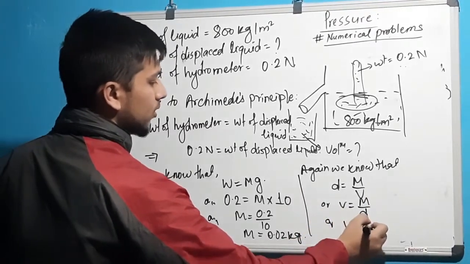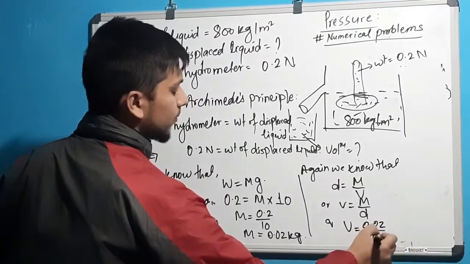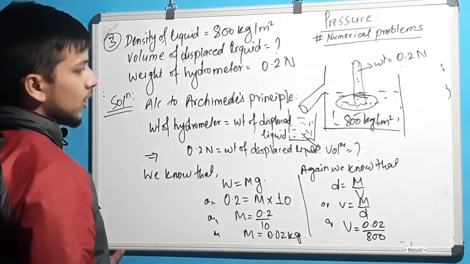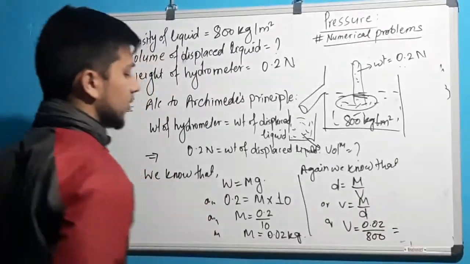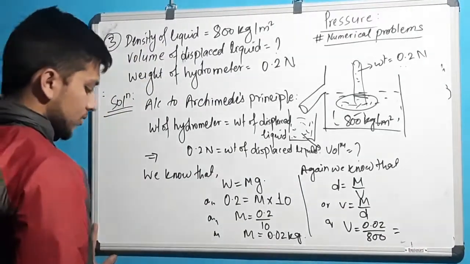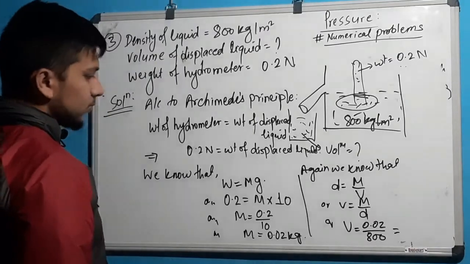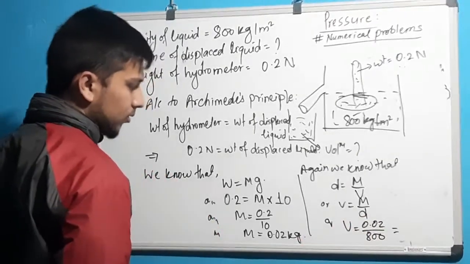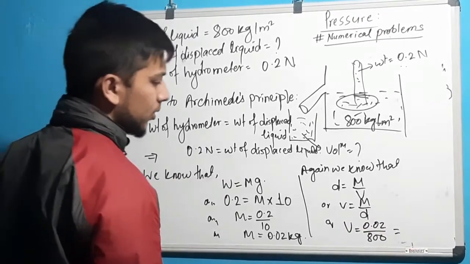Mass means 0.02 kg upon density 800 kg per meter cube. Now let's see what will be the volume.